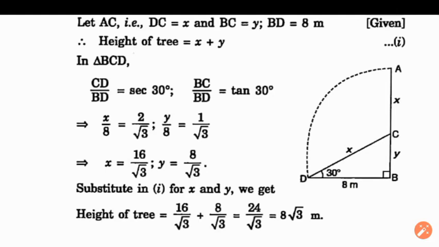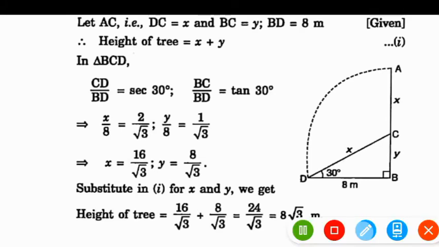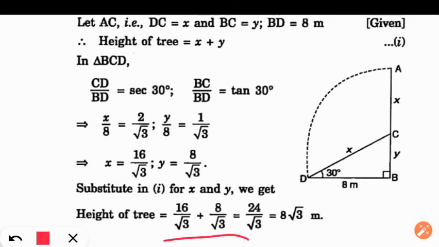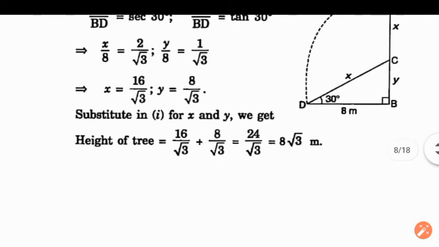So, with the help of that equation, y is 8 by root 3. So, what is the height of the tree then? This plus this, 24 by root 3, and after rationalization we have 8 root 3 meter. So, the height of the tree was 8 root 3 meter.